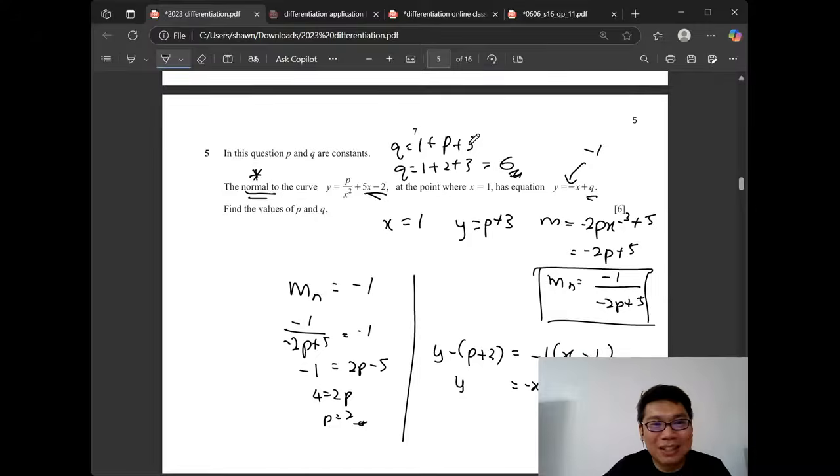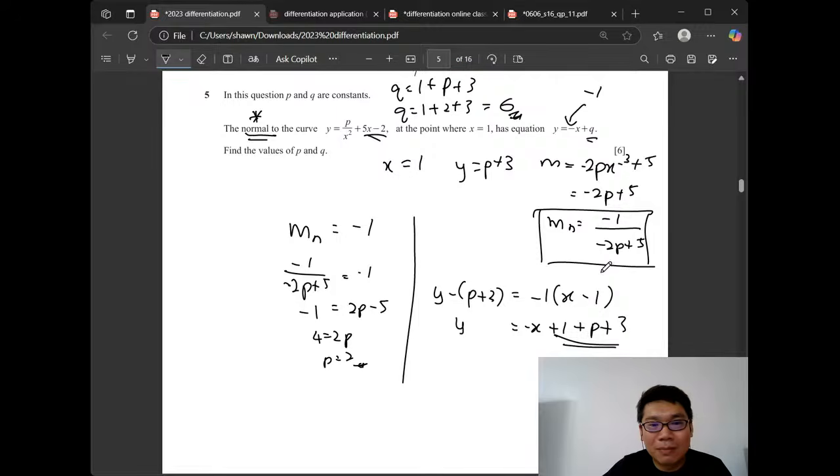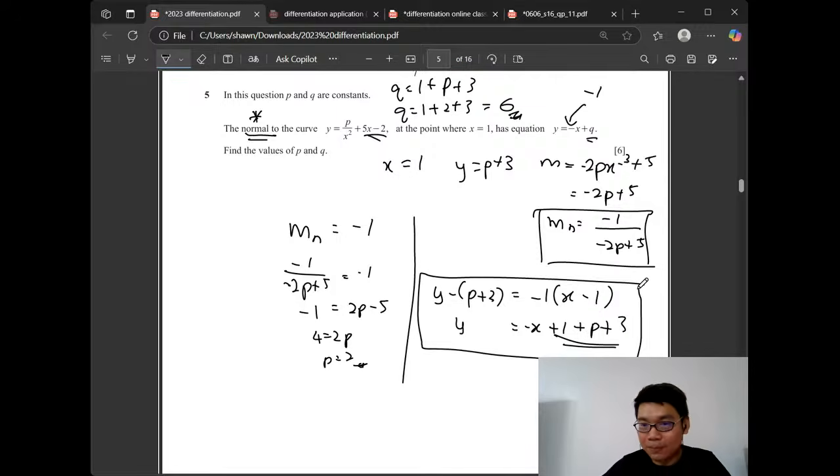Y equals p plus 3. You see, we form the equation of the normal ourselves. Okay, Uma. So that's why y minus y1 equals the gradient, which I already know is minus 1, and then x minus 1. Agree, Uma? Of course, you can use y equals mx plus c to do it. Then you should get this equation.